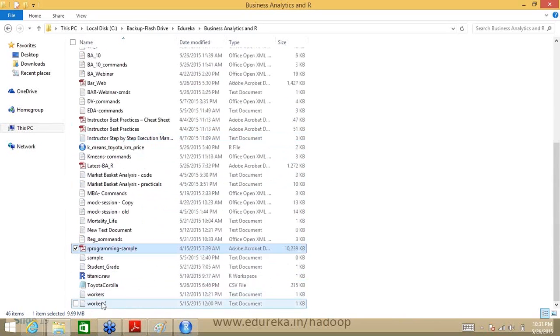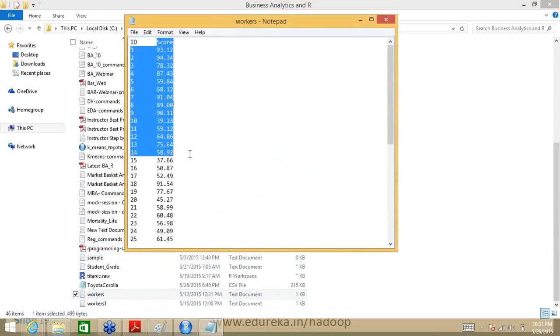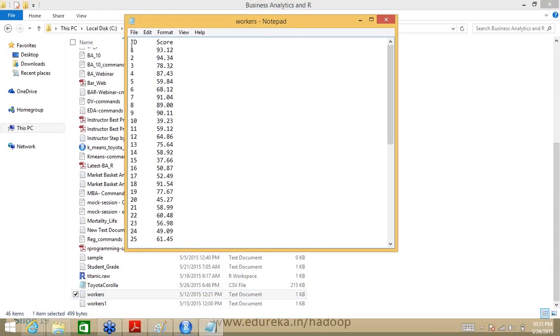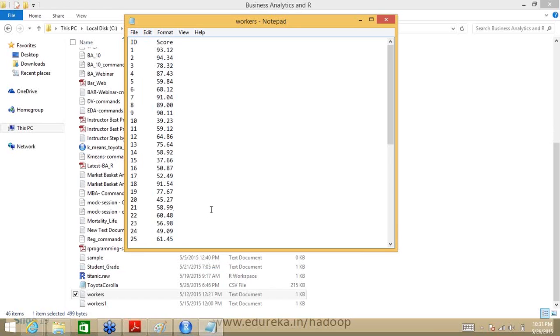So I have a file. Look at this, right? I have a file in which you have workers in a supermarket. This is their performance score. Look at this. This is the performance score. Fine. So we need to find out the k-means, right? Our idea is to determine the k-means for this.